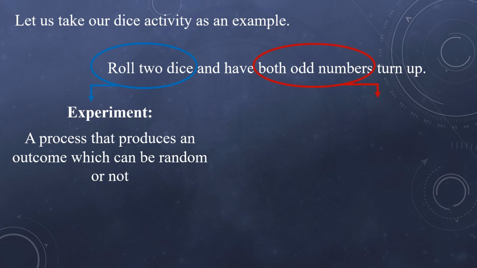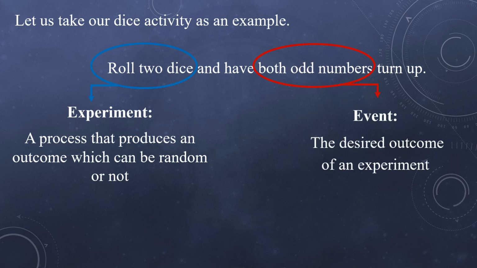And this both odd numbers refers to an event, which is the desired outcome of an experiment. So, in getting the probability of an event, we have to consider that there must be an experiment to produce outcomes and calculate for its probability.